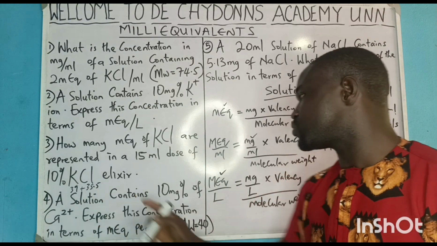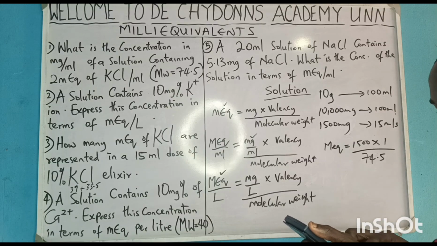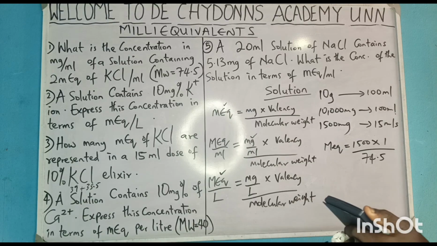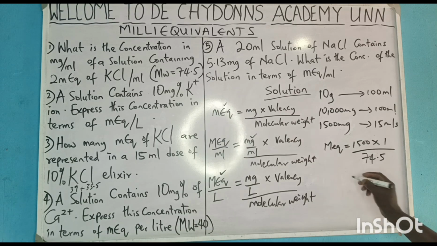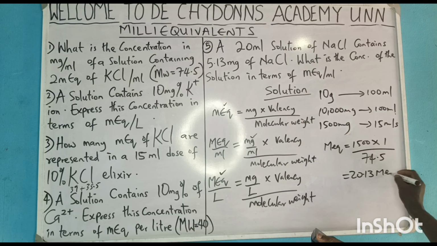So this plus this will give you 74.5. So we say this divided by 74.5. 1,500 divided by 74.5 gives 20.13 milliequivalents.